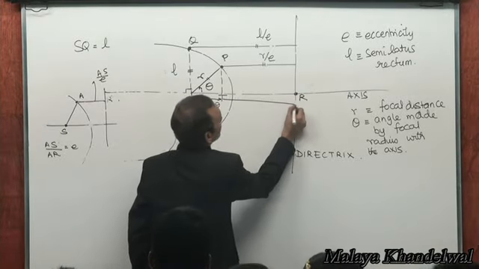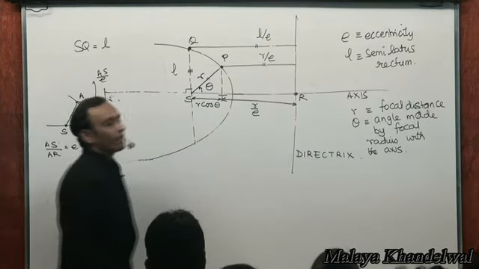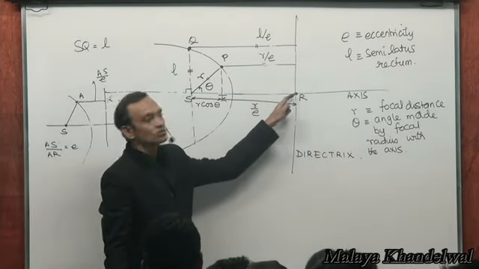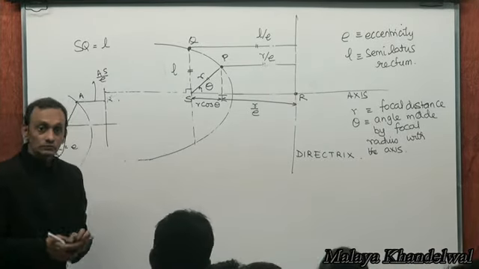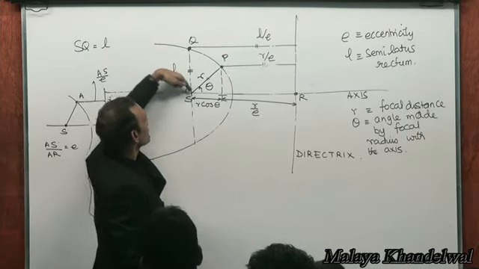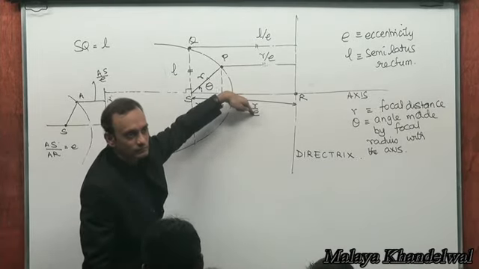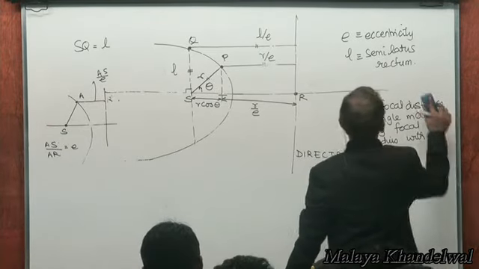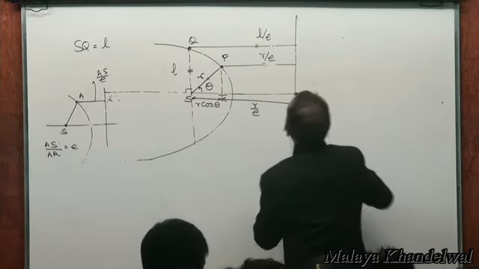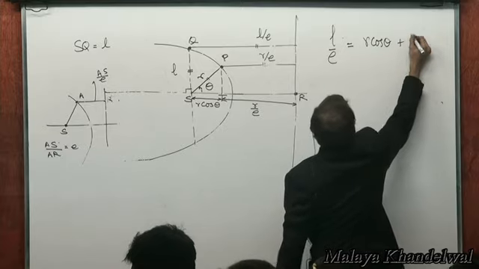TR is r by E. So L by E must be the same as this whole length, r cos theta plus r by E.